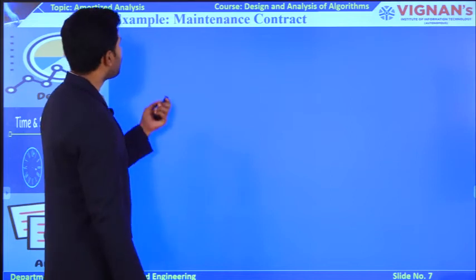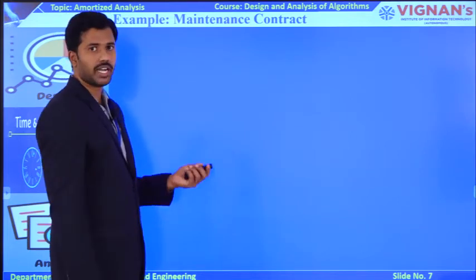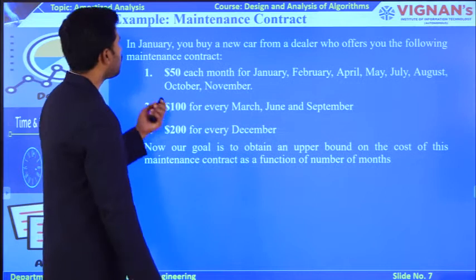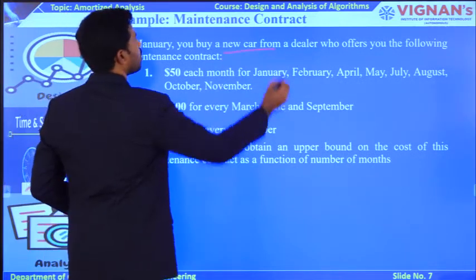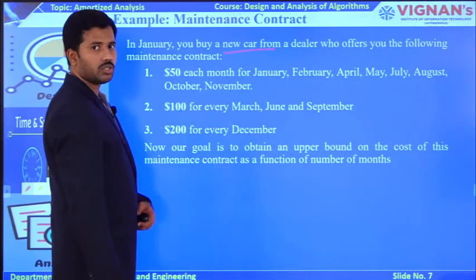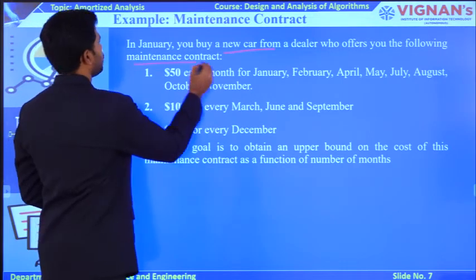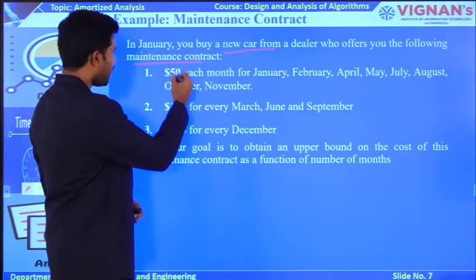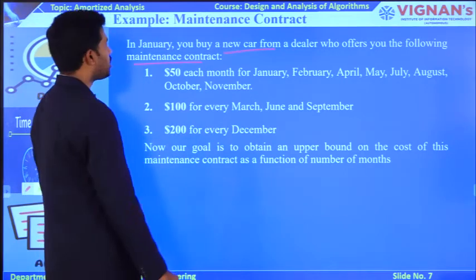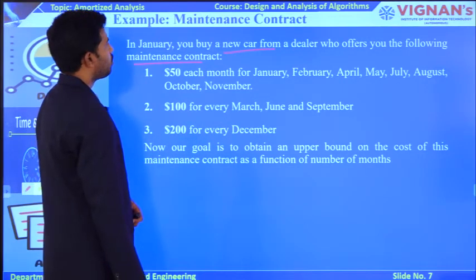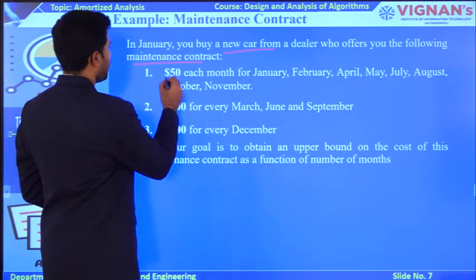Here I am going to have an example called the maintenance contract. Assume you bought a new car from a dealer. Now you want to go to a service center for maintenance of your car in various months. The charges for servicing your car are like this.